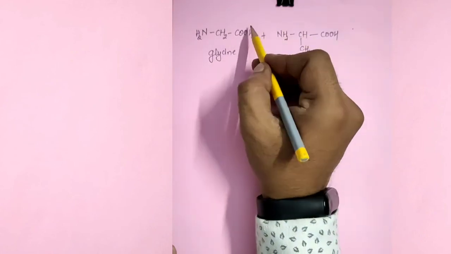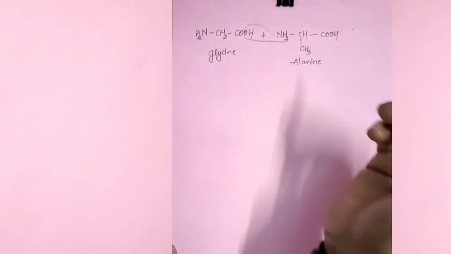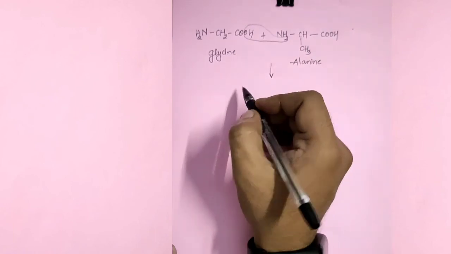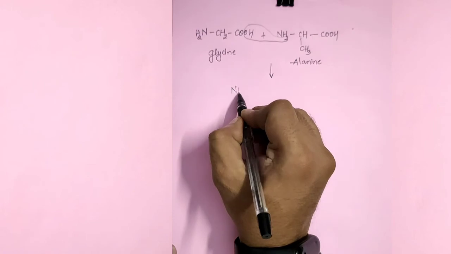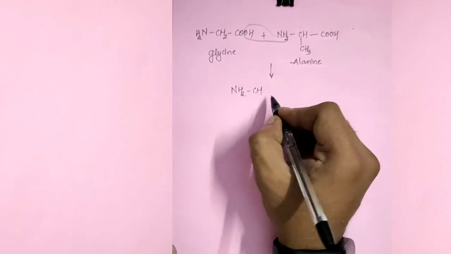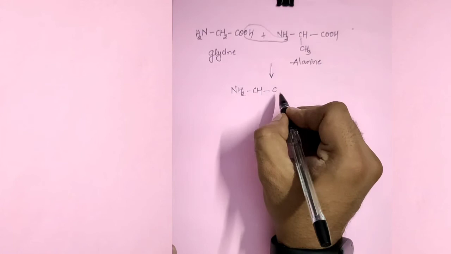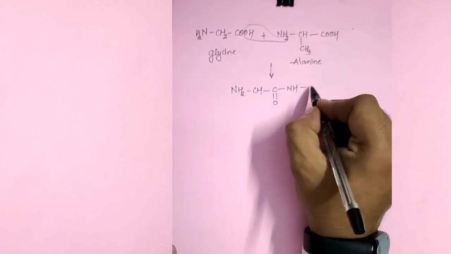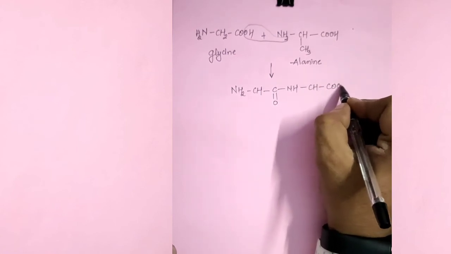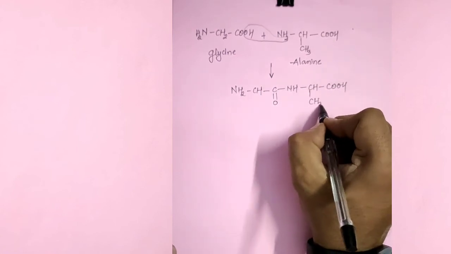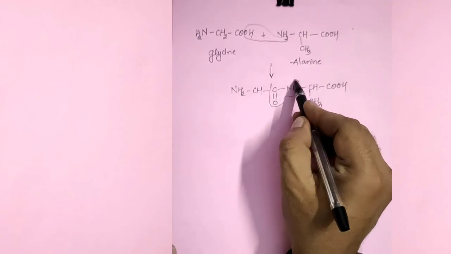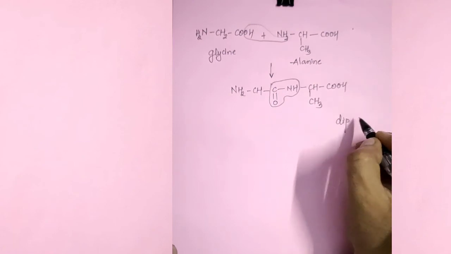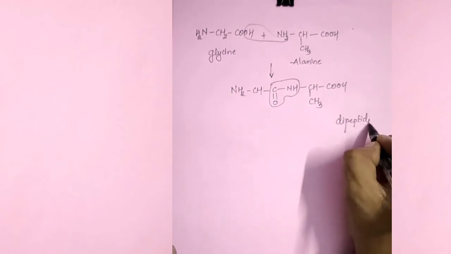OH of the acidic functional group and hydrogen of nitrogen have been removed. It forms a dipeptide compound: NH2 CH, C double bond O, NH, CH, C double bond OH, CH3. Now this is a peptide bond, and the compound is said to be a dipeptide compound.